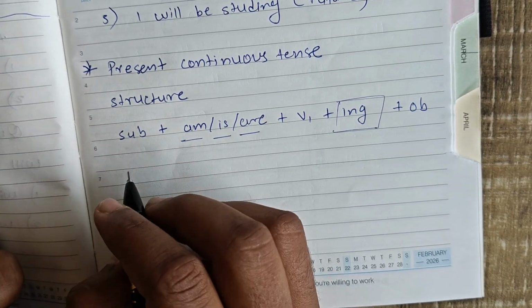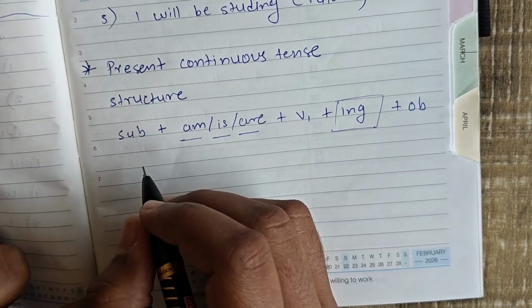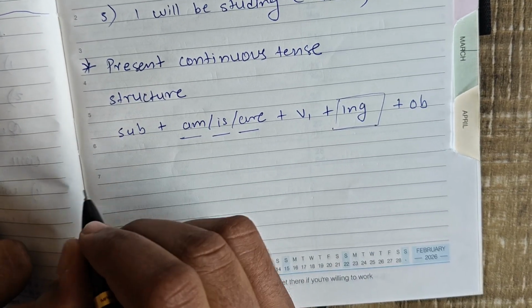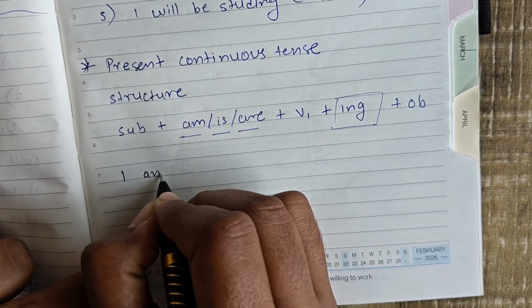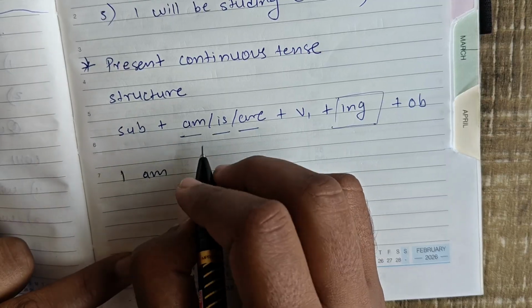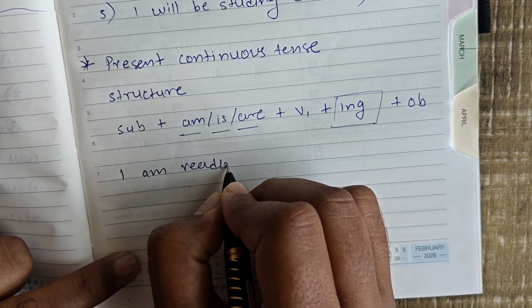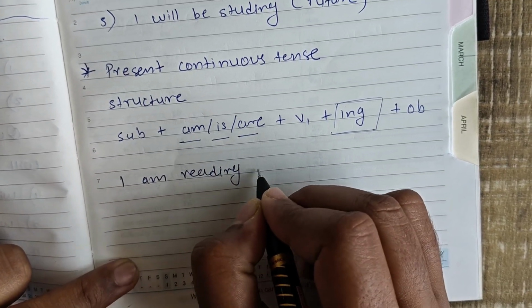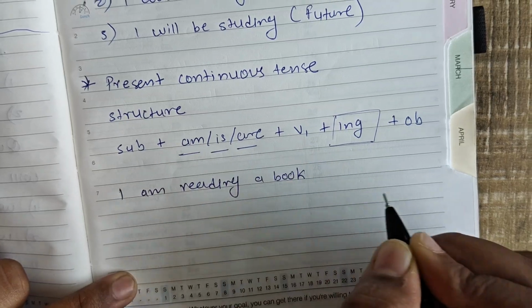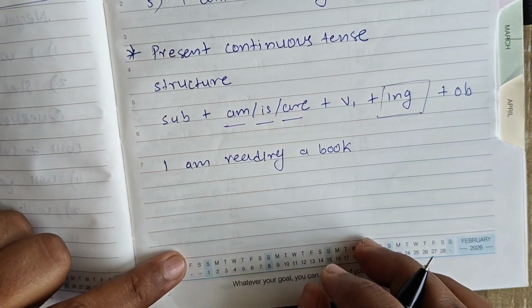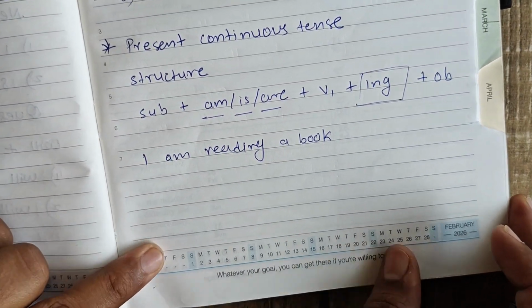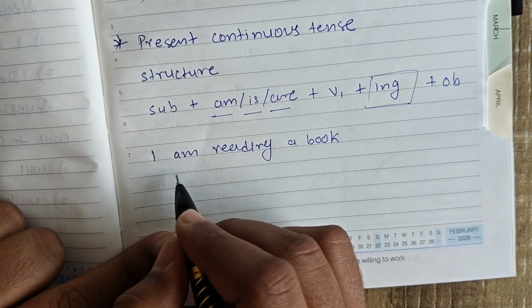So let's take some examples. I am reading a book. मतलब मैं किताब पढ़ रहा हूँ. I am reading a book.